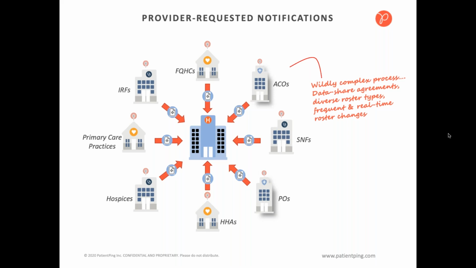This can involve numerous complexities centered around executing data share agreements, processing diverse roster types or patient panel or census lists, and managing frequent and real-time changes as provider-patient relationships change often, especially in the post-acute landscape. So again, the takeaway here is that hospitals or their intermediary need ways to manage and respond to many different provider requests, which often proves to be a complex process.